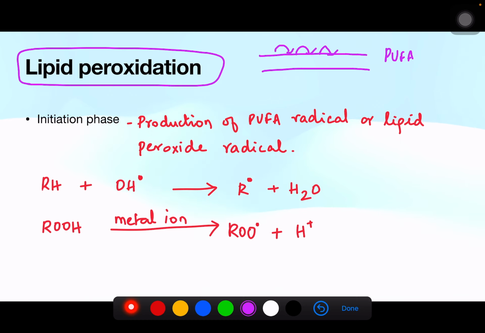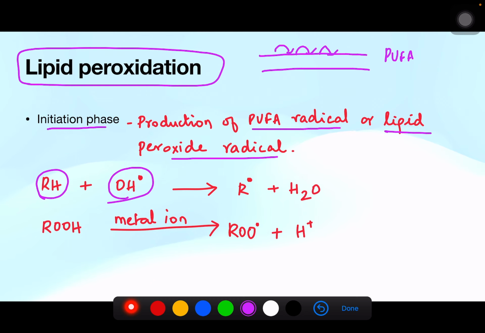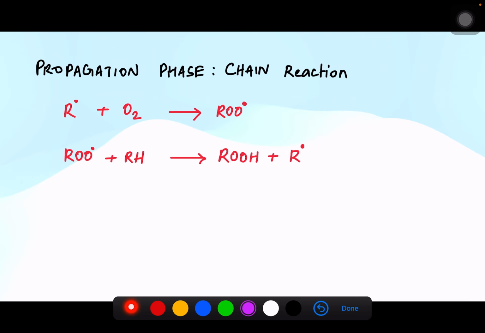Now the initiation phase is the production of the PUFA radical or the lipid peroxide radical. So how does it happen? Whenever your lipid is attacked by a free radical, when your cell membrane is attacked by a free radical, lipid radicals are formed. One is a PUFA radical or a lipid radical, and the other one is a lipid peroxide radical. So these radicals can be formed.